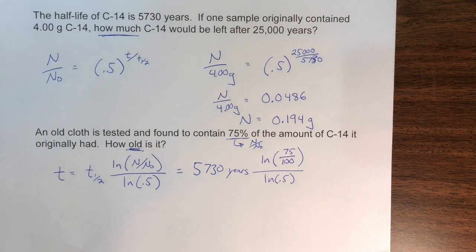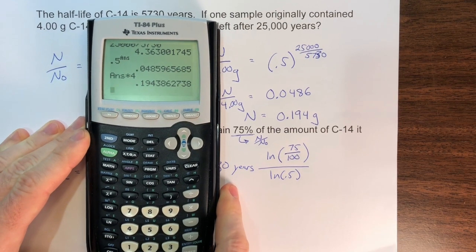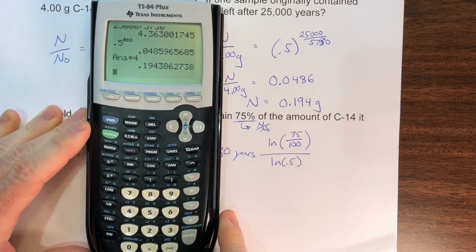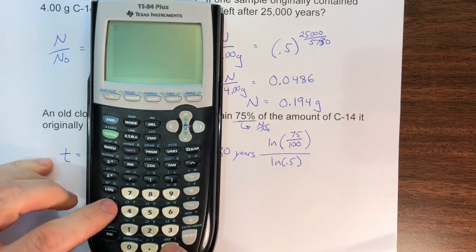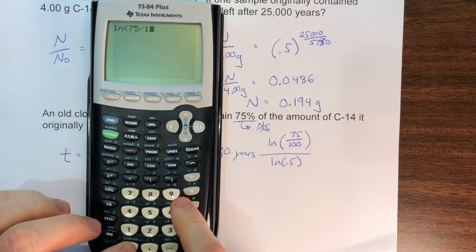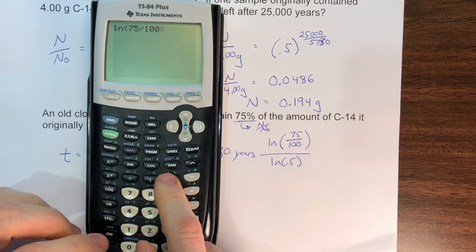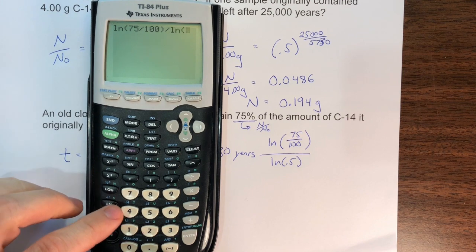So let's go ahead and plug in some numbers to get the age of this thing. First up, let's do the natural log of 75 over 100, and divide that by the natural log of 0.5.